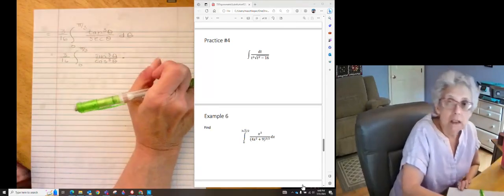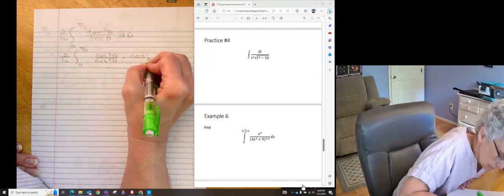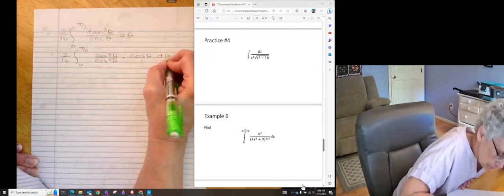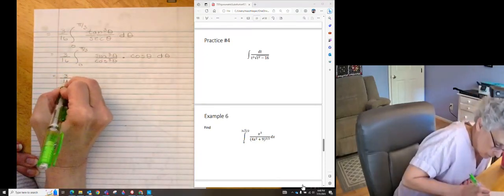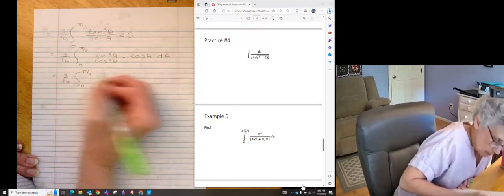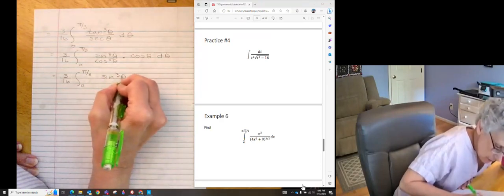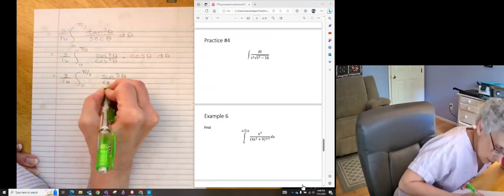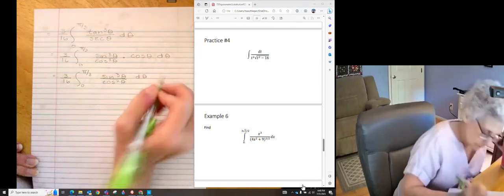So dividing by secant is the same thing as multiplying by cosine. Zero to pi over 3. That leaves me with sine cubed of theta over cosine squared of theta.